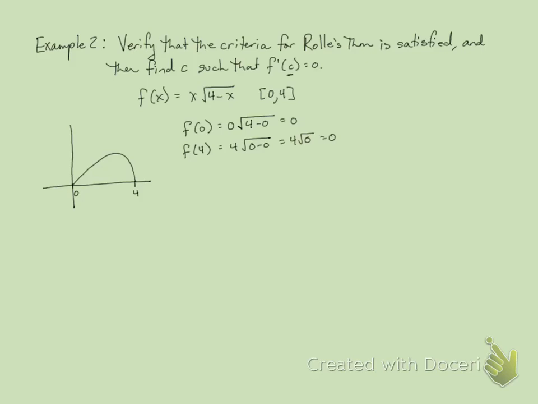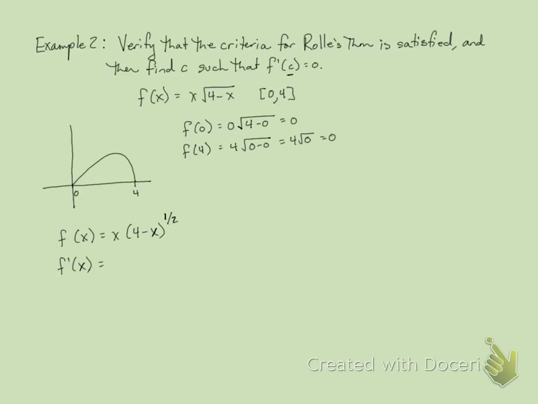So we're going to find the derivative, and for this function we're going to need to use the product rule. In fact, I'm going to first rewrite this so that I can use the power rule when I'm finding the derivative.